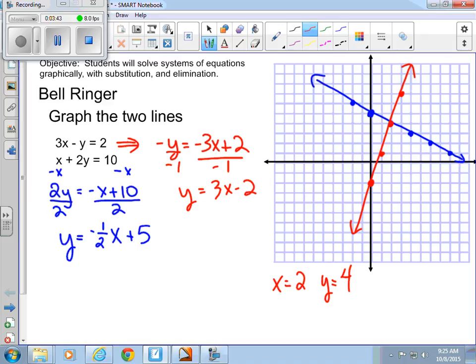Did you get 2, 4 in your calculator? So go to your y equals.